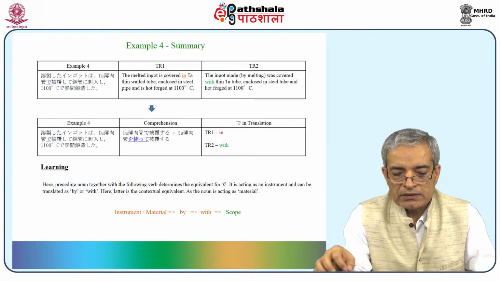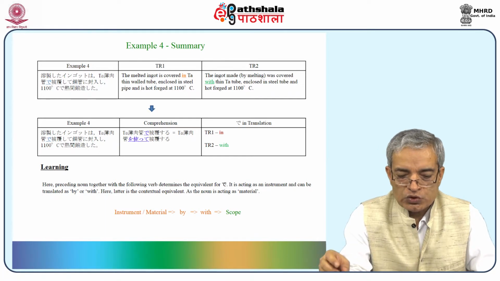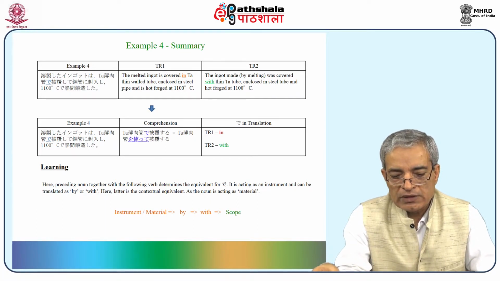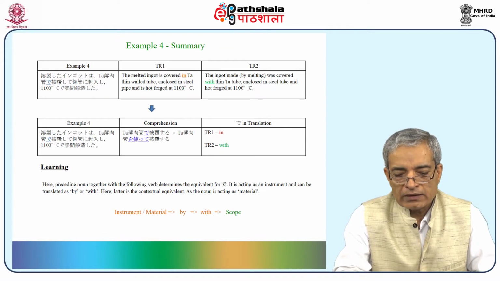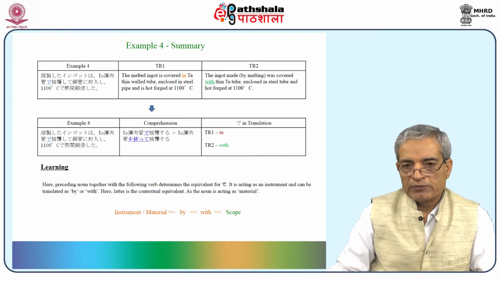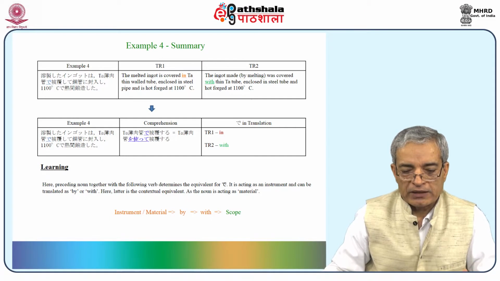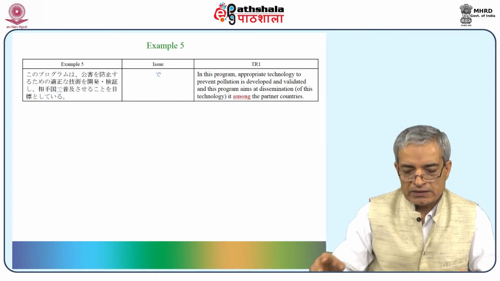Here, the latter is the contextual equivalent, as the noun is acting as material. It's instrument and material once again. The translation initially was "in", modified to "with", and if you see carefully, again it is acting as a scope limiter, and scope is limited by this particular particle. Let's see the next example.